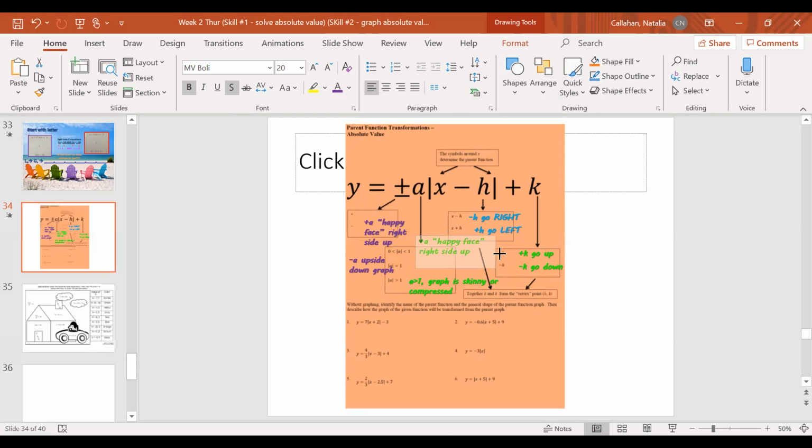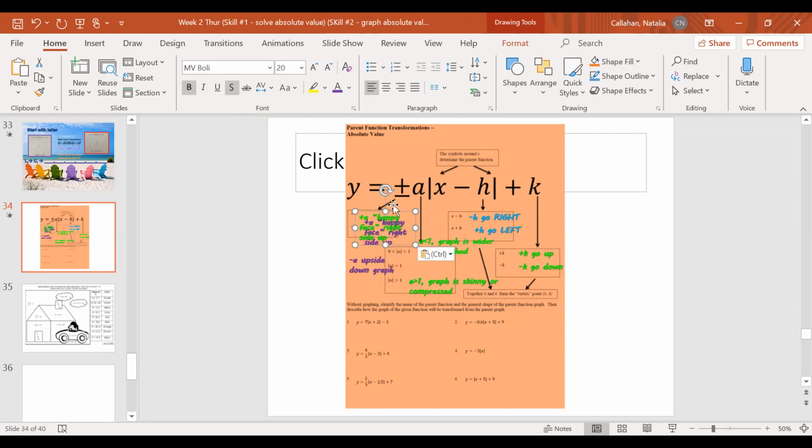On the other hand, if A is less than 1, then the graph is wider or stretched is a better word.